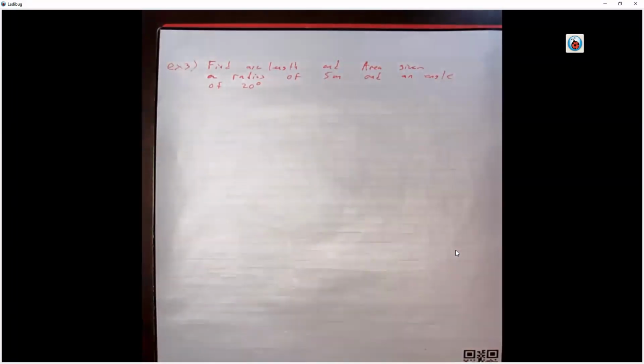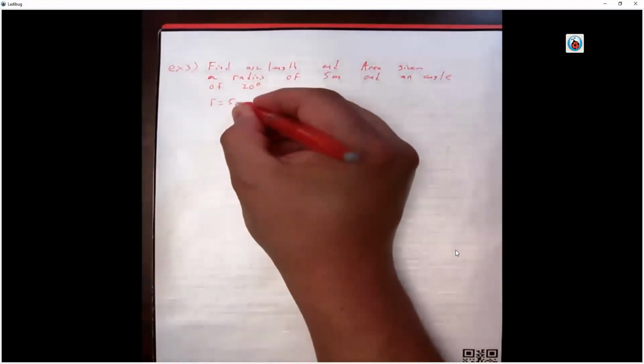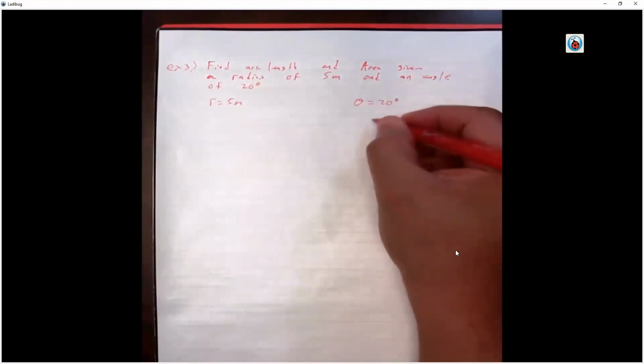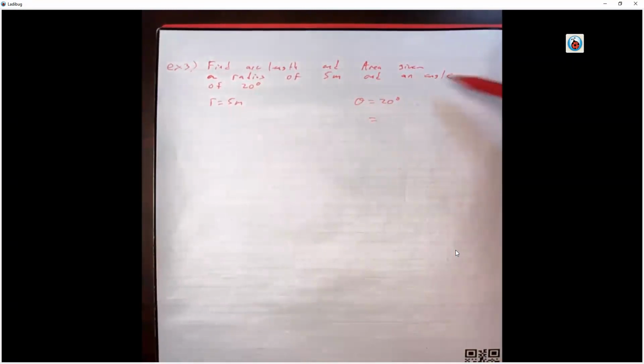Is it 0.5 or 5? Just 5 meters. So you have to just write down R and then change your theta into radians. So multiply this guy by pi over 180, and you should be good.